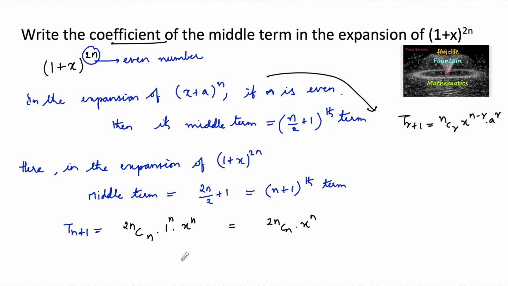We require only the coefficient, therefore its coefficient is equal to 2nCn. That's the answer.